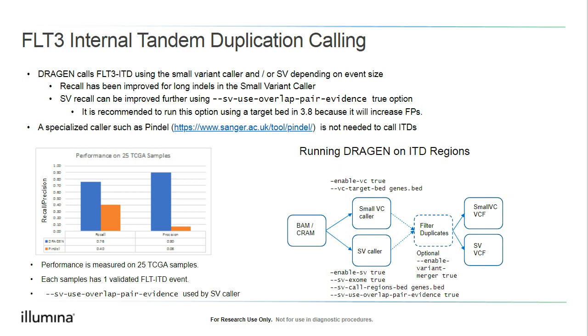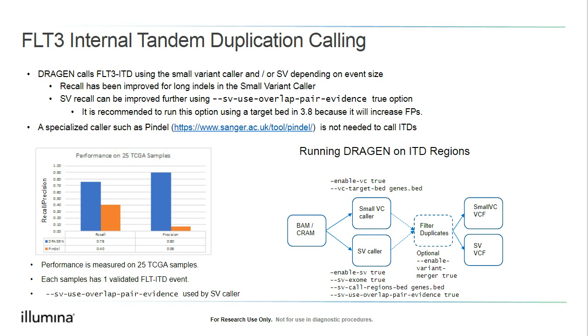The plot on the left shows DRAGEN compared against Scalpel for recall and precision for 25 TCGA samples, with each one of these samples having one validated FLT3 ITD event.